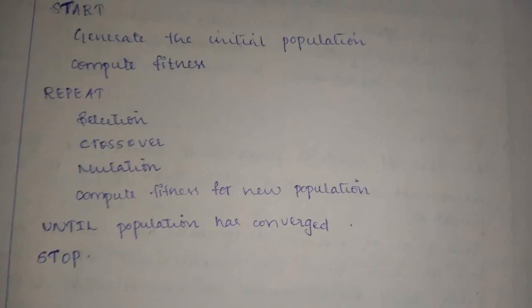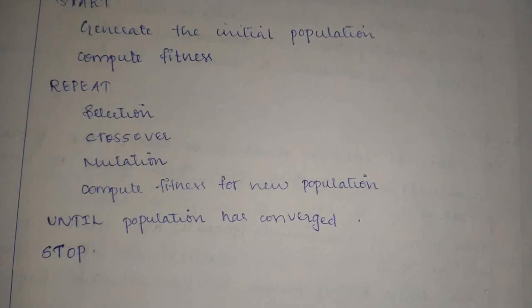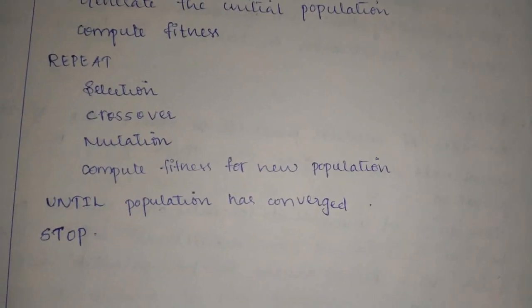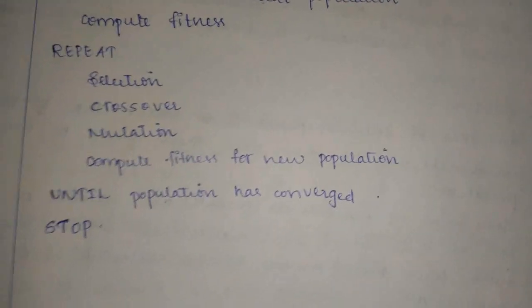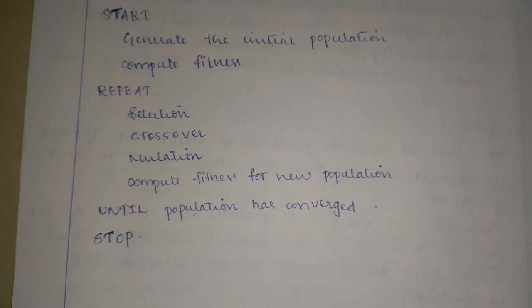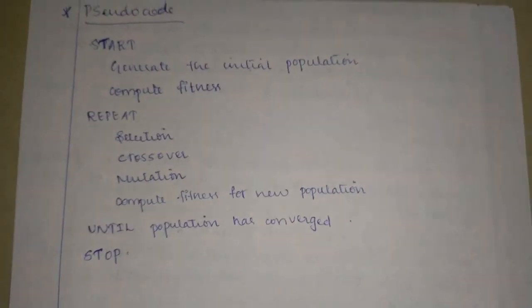So these are the steps behind the genetic algorithm. These steps will be repeated until the population has converged. Then it will stop. So these are the steps of the algorithm, or pseudocode.